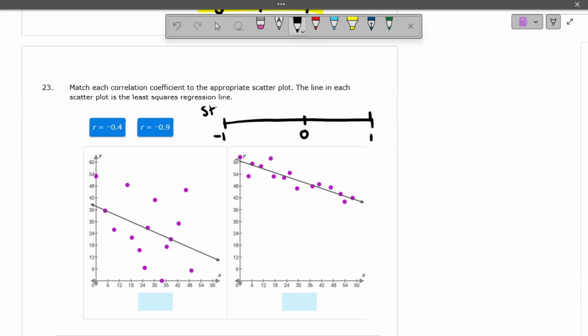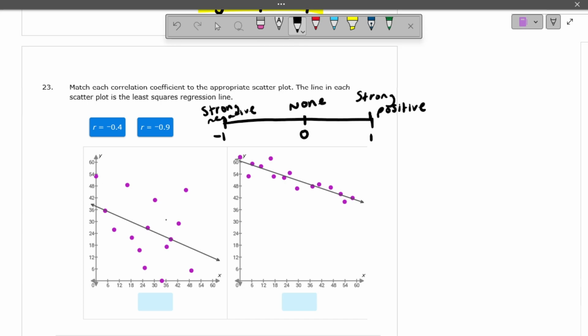So this is a strong negative correlation, and this is a strong positive correlation. And then this is none, or specifically no association.